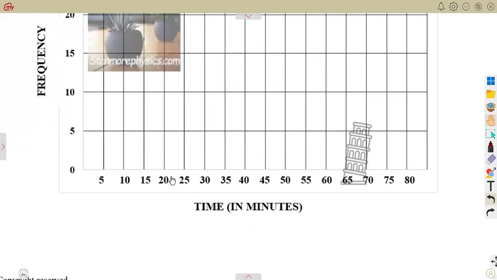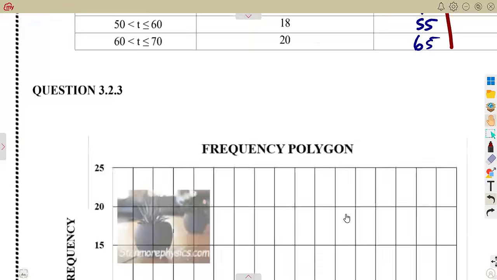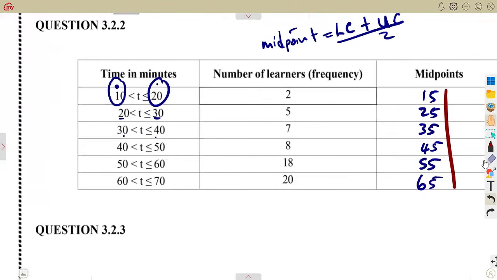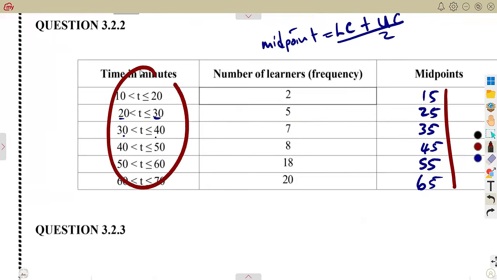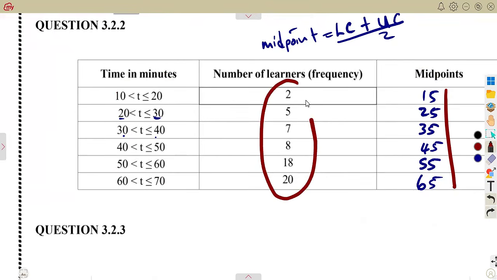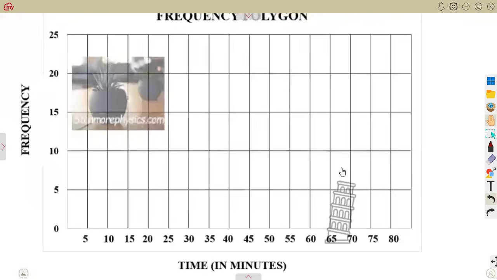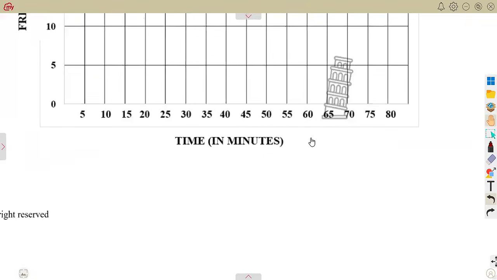There we have your time in minutes, which is representing the classes. But now we must consider the midpoints versus the frequency, meaning we are going to need the midpoints of those classes. You will use the midpoints here in this time in minutes.